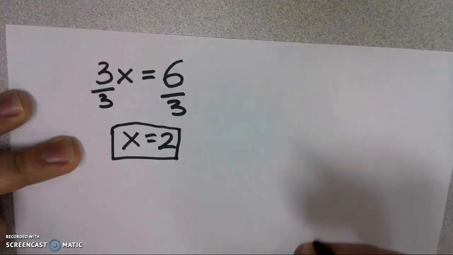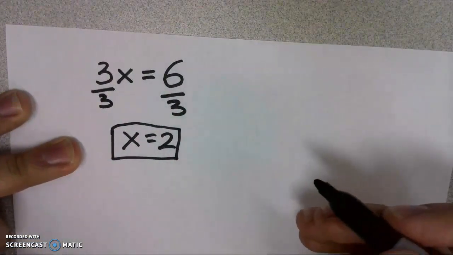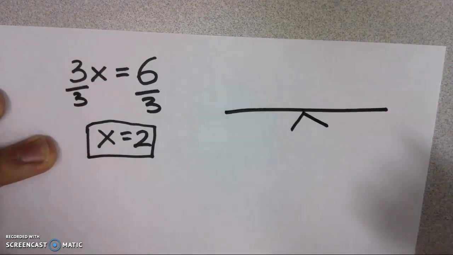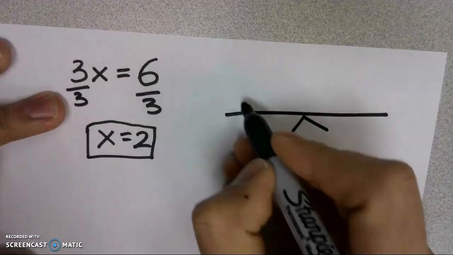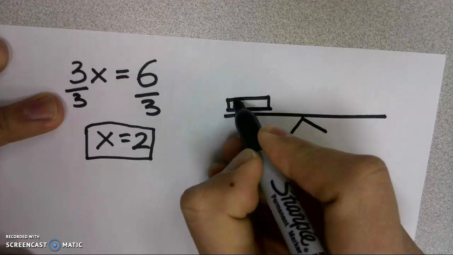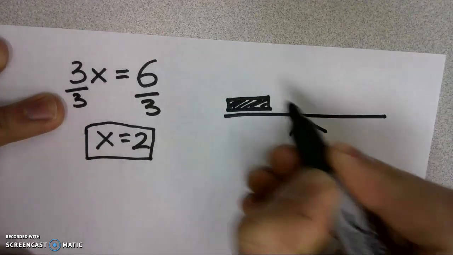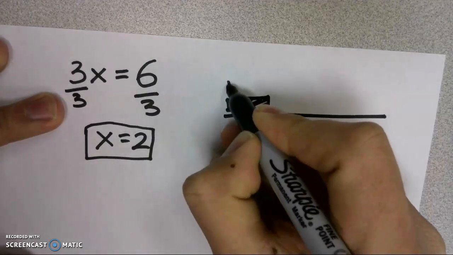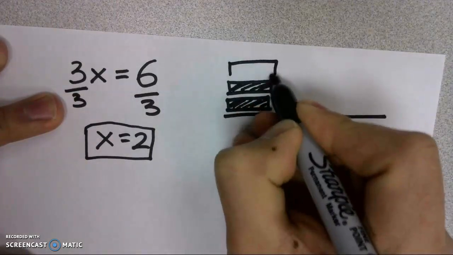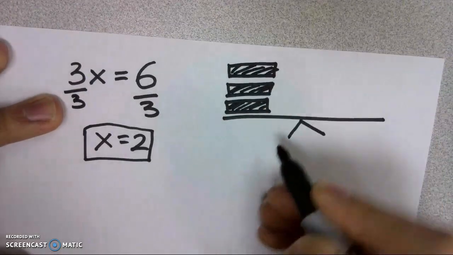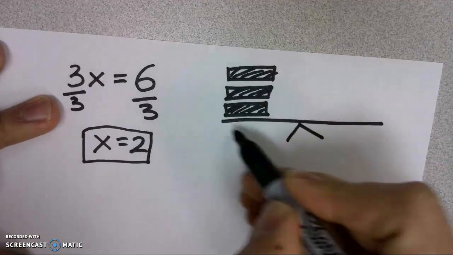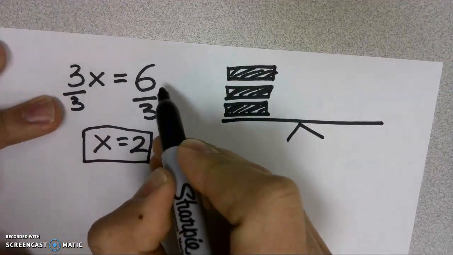So, how would I draw this on a balance scale? Let's see this. This is x. So this is x, x, and x, which means this whole thing is 3x, and this is positive 6, isn't it?